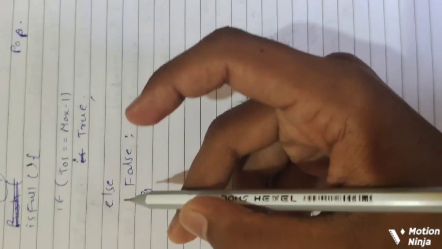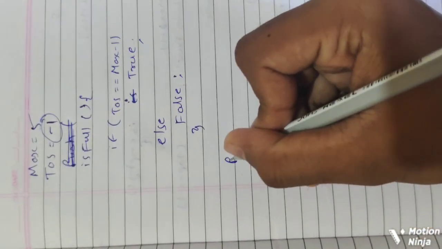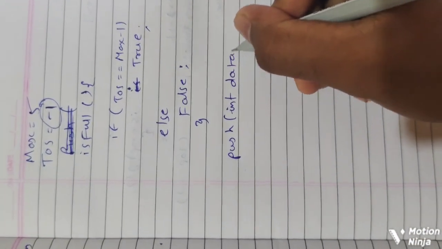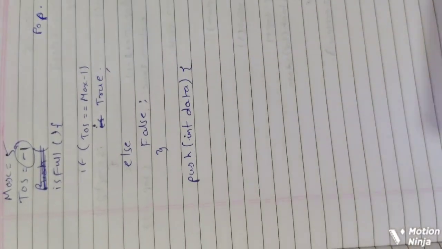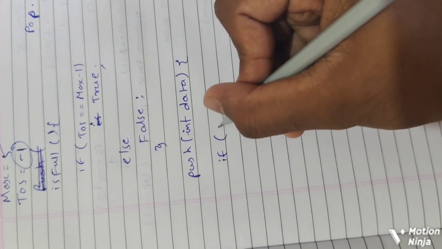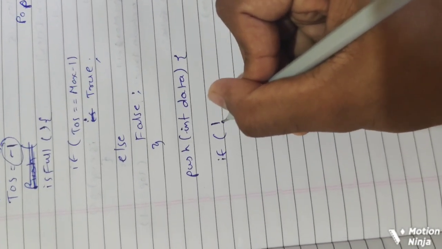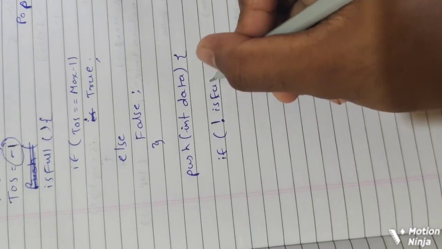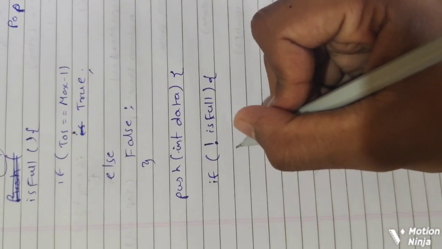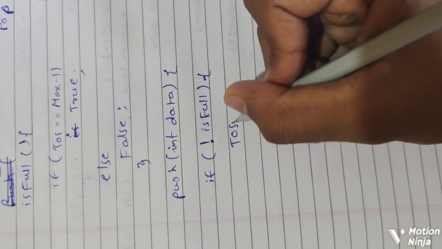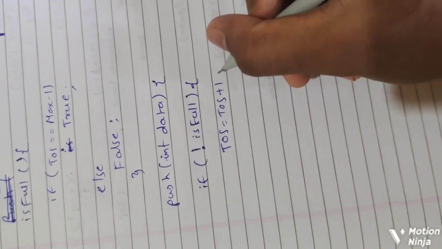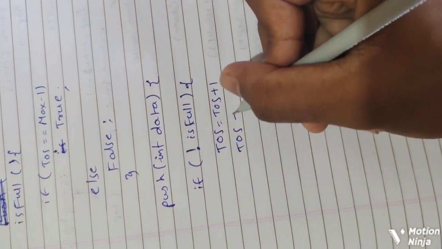Now let's make the main function of push. So push, and in brackets the data that we have to push into the stack. Now moving forward, let's first check if the stack is full or not. If the stack is not full, then first you have to increment the top of the stack by 1. Top of the stack equals top of the stack plus 1, or we can even use TOS plus plus.